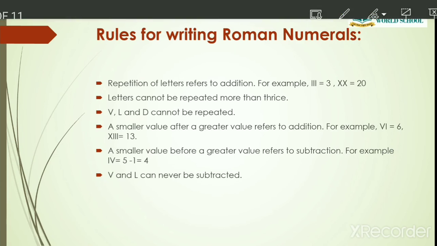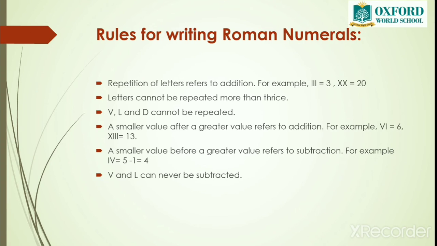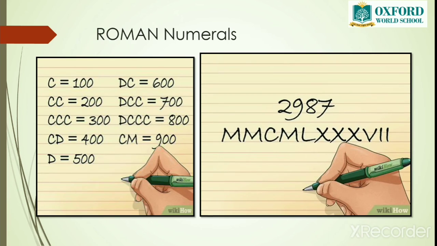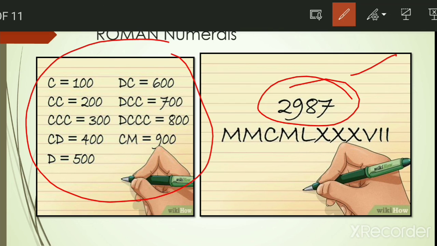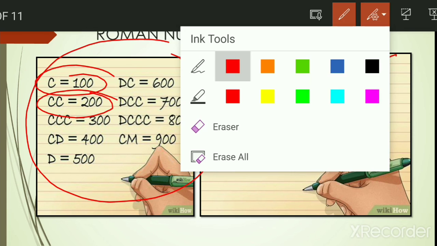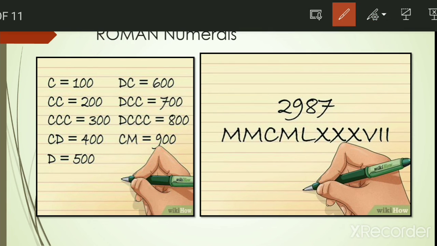Now let's see the next. We'll see more examples, then the Roman numerals will be clearer to you. Here we have a good example, that is 2987. So before coming to this example, let's revise the values. If we are writing C one time, it means 100. If we are writing C two times, it means 200. Similarly, if we are writing C and M, it means we are writing a smaller value before the greater value, so we are subtracting.